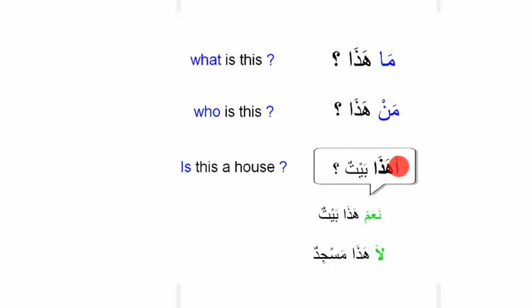Someone may ask that, previously we said there's no word for "is" in the Arabic language. So why did we say this hamza means "is"? Let me clarify. There are two types of "is", even in English, not only in Arabic. In English, we have the definitive "is", when you are defining something, for example, "it is the process."